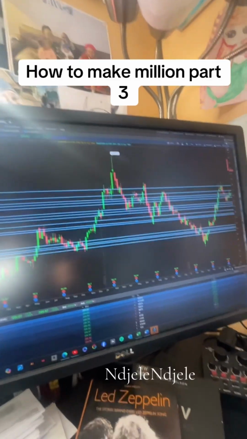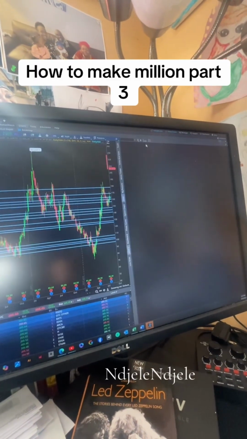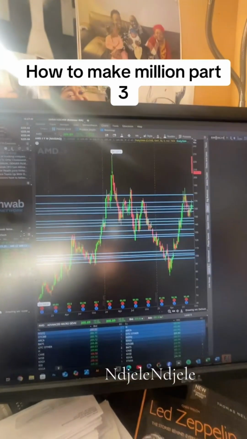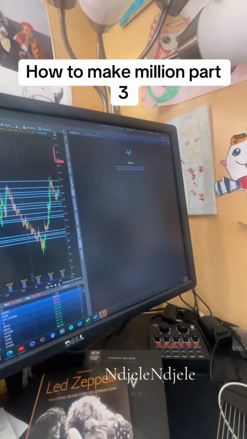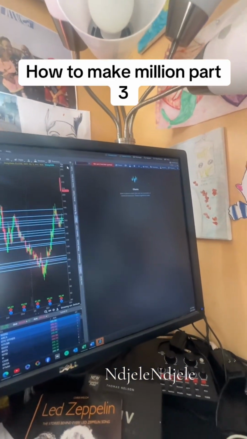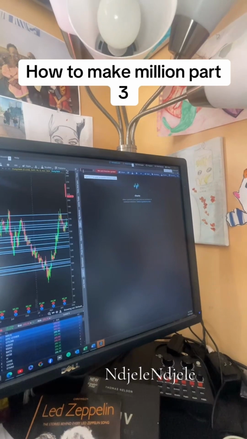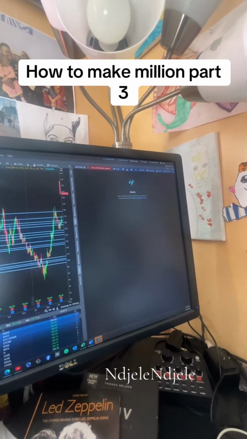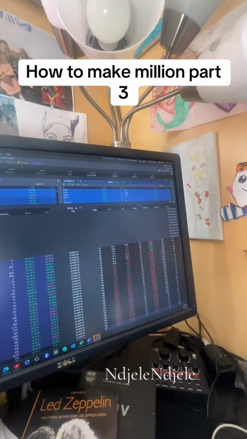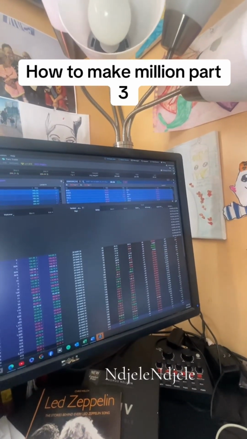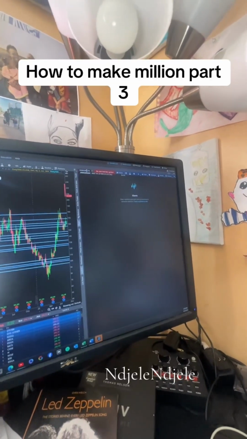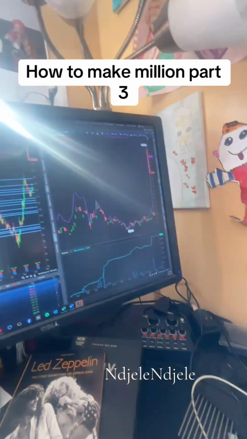I can either create a grid, second screen. This is the stock itself, and I'm going to put the contract. It said the symbol could not be found. Okay, we've got to go back and copy this properly. Go to here. And there you go.